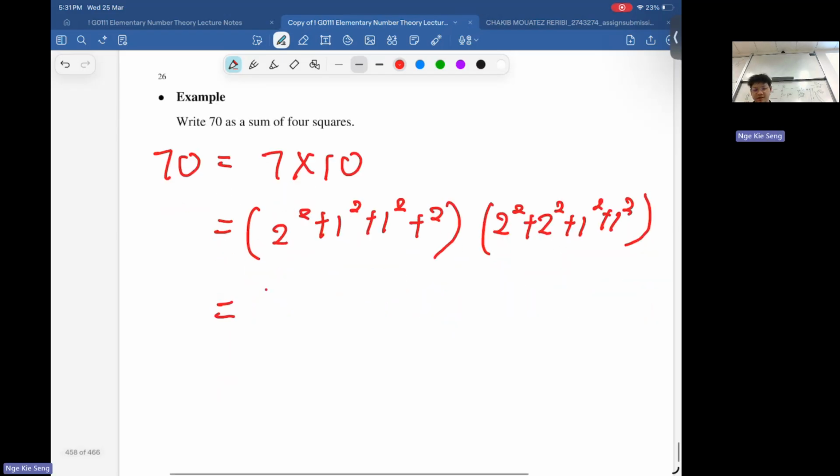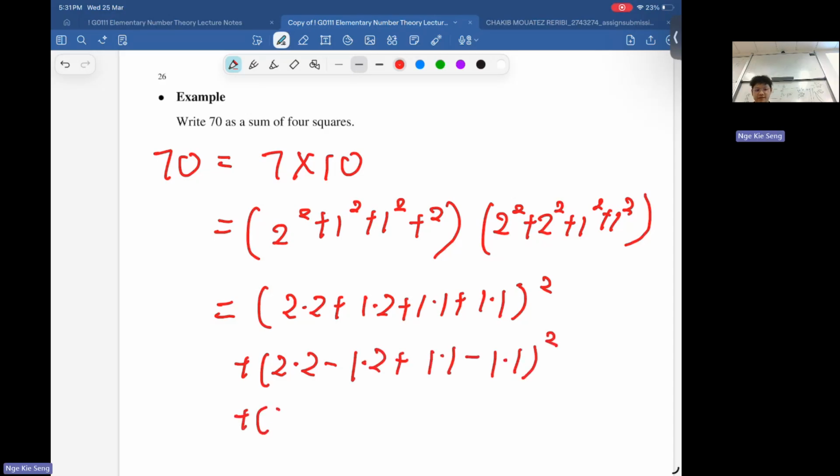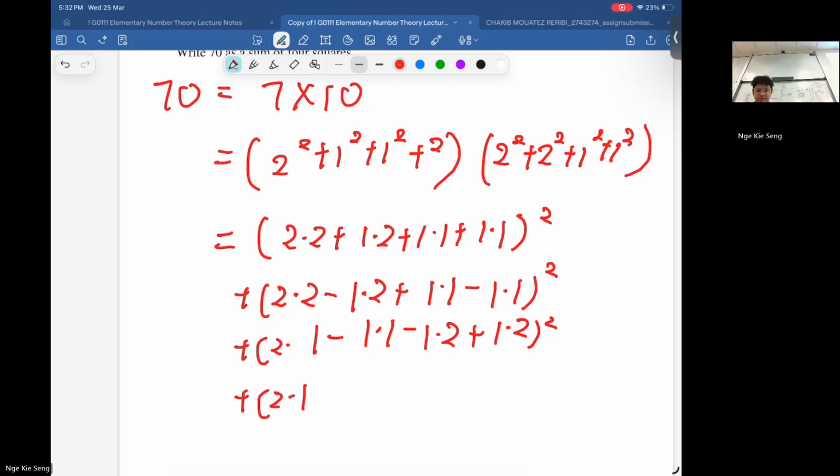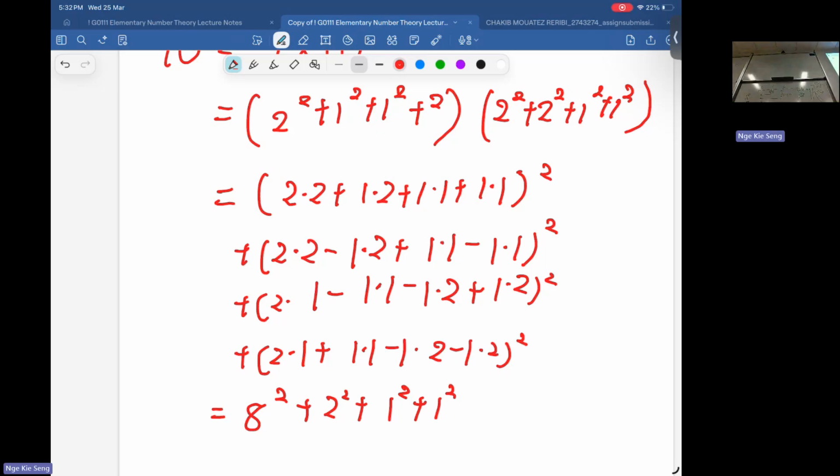Okay, so let's see who is faster. Make sure you don't mess up your signs. Okay, so we get 6 squared plus 2 squared plus 1 squared plus 1 squared.